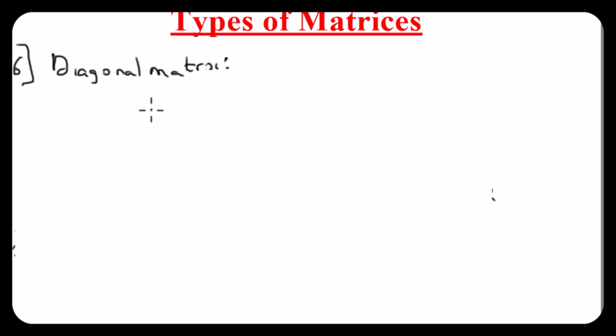A diagonal matrix is a type of square matrix where all the non-diagonal elements are zero. I'm going to repeat myself: a diagonal matrix is a type of square matrix. We have different types of square matrix, but a diagonal matrix is actually a square matrix where all non-diagonal elements are zero.